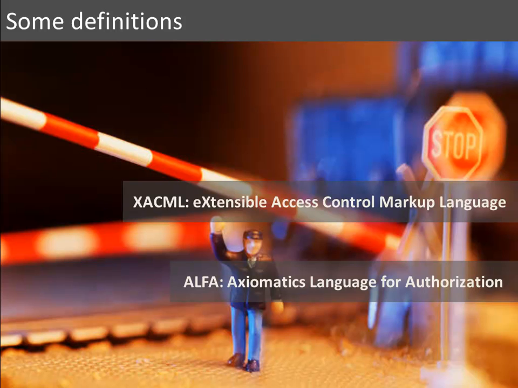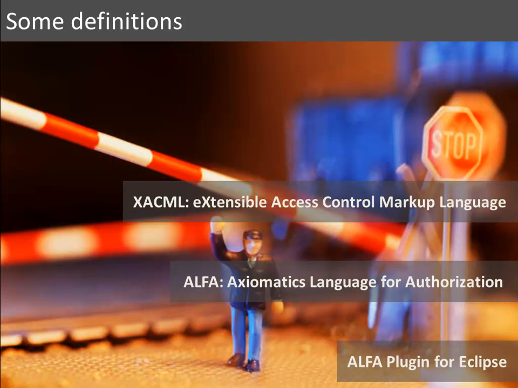ALFA is the Axiomatics language for authorization. It is pseudocode used by developers to write authorization policies in a syntax more familiar to the developers. The syntax is very similar to Java or C#, and there is a one-to-one mapping between ALFA and XACML, making ALFA translatable into XACML.